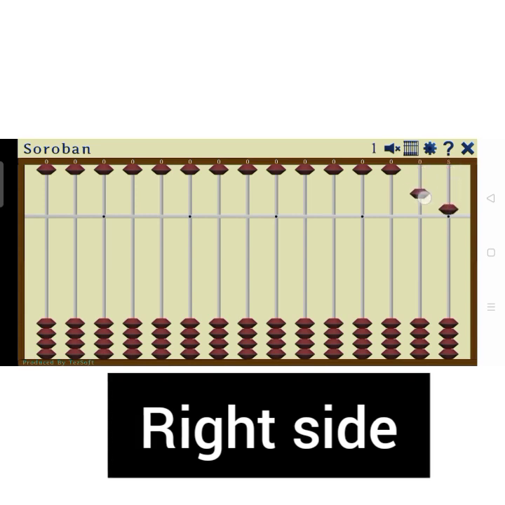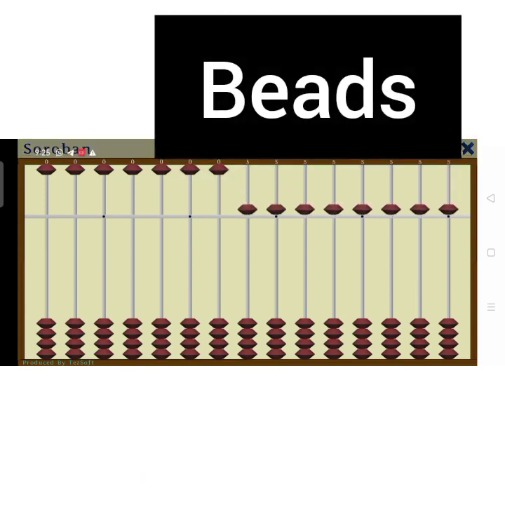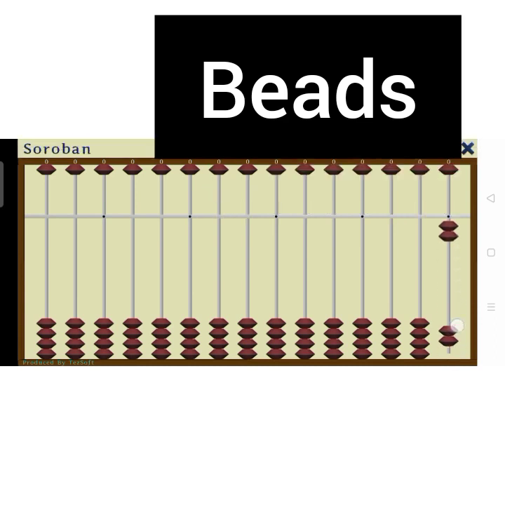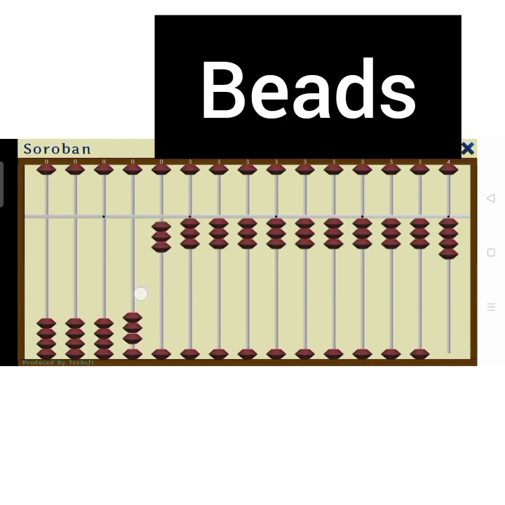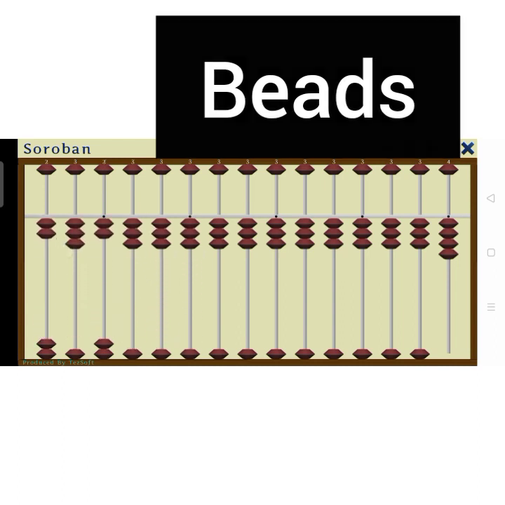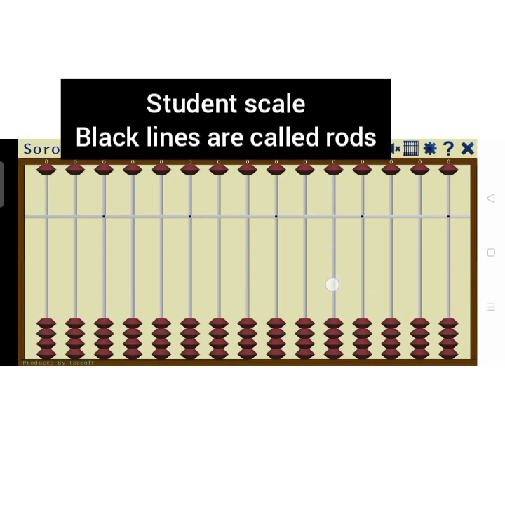Now these are all called beads. Done? Now, this part, these are also called beads. You have a scale with red color beads. Now these lines which you can see are called rods.